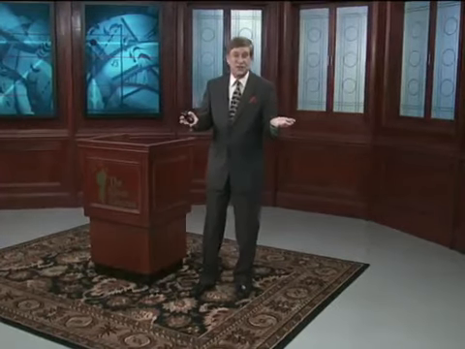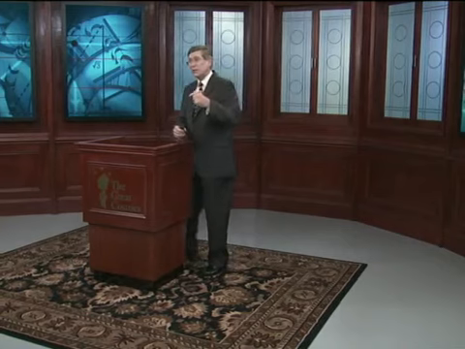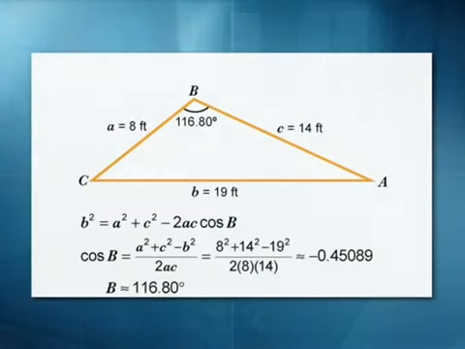So this angle is actually obtuse. It's bigger than 90 degrees, and of course, less than 180. So by using our calculator, we can do the inverse cosine function and discover that B is approximately 116.80. And notice indeed, it's an obtuse angle because the cosine was negative there.